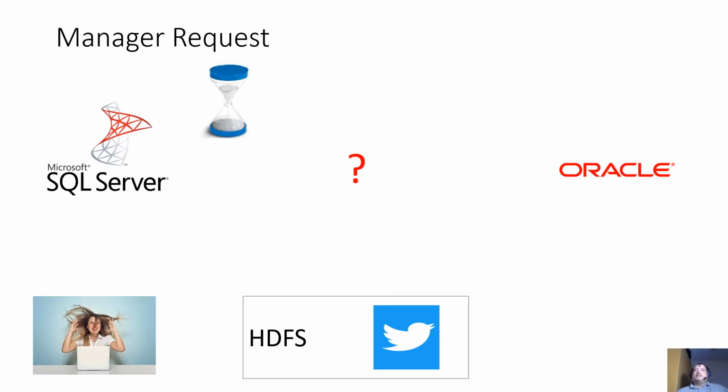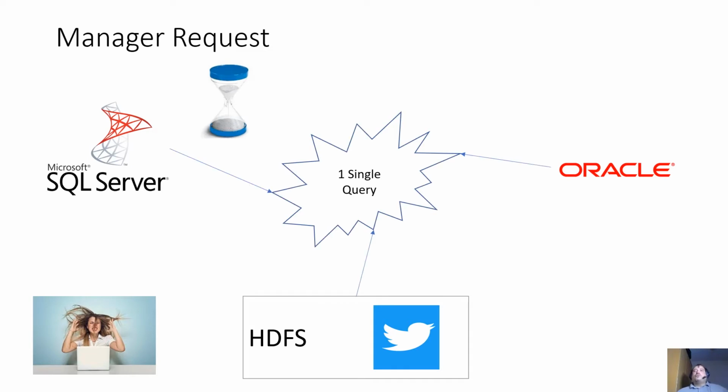The secret is using a data lakehouse tool, and in this case I'm already talking about big data cluster. You can make one single query, one single select, which will read from all three data sources, making joins of the data from all the three data sources in a single query. No problem with that.